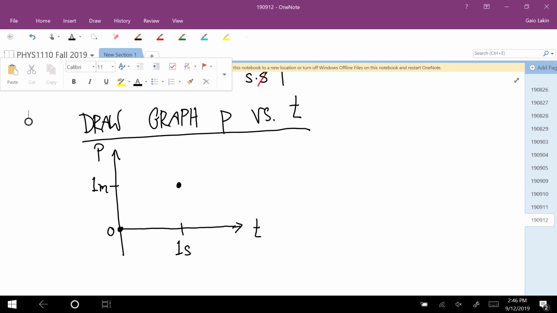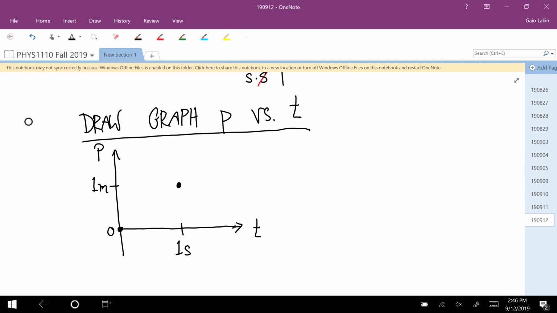Okay, so the velocity at 0 seconds, what's the velocity at 0 seconds? Positive 2 meters per second. Okay, so that's going to be the slope. It's going to be a positive slope with a magnitude of 2. And the acceleration is -2. So is it going to be concave up or concave down after that?